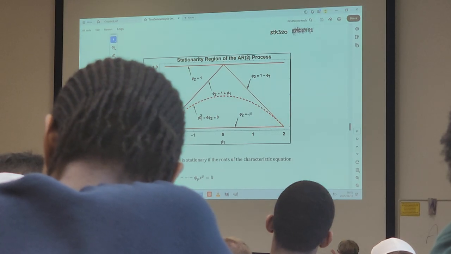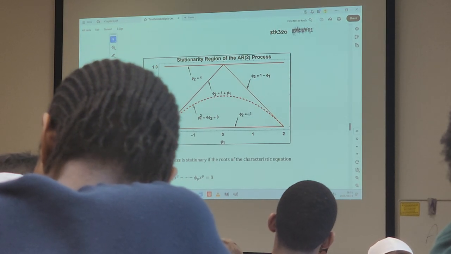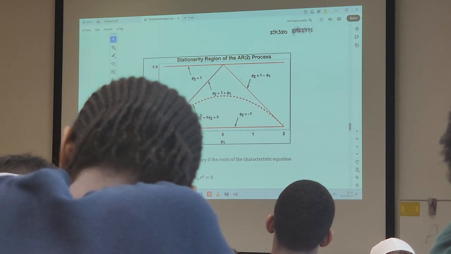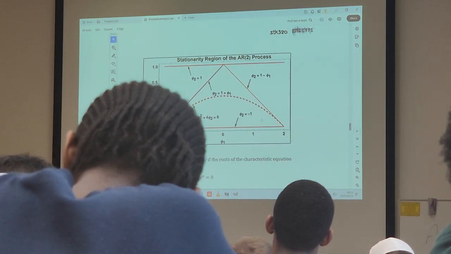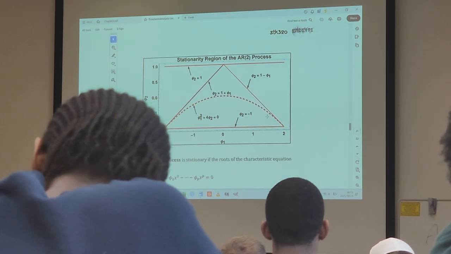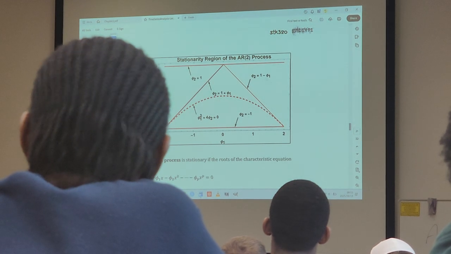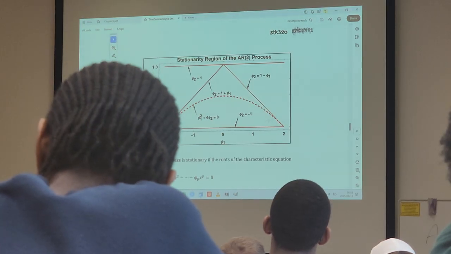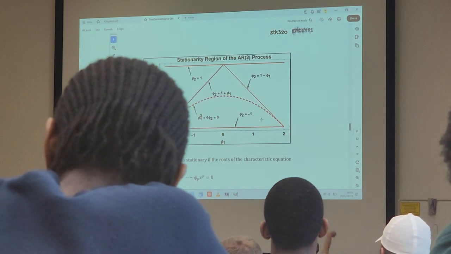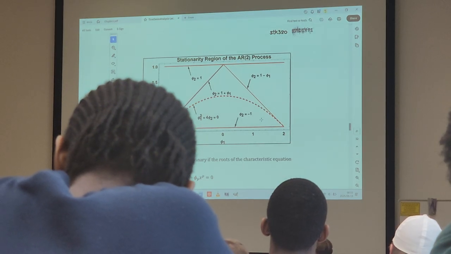So when you have an AR2 process, and your phi1 and your phi2 are taken to be, in this case, for example, phi1 at 1.7, so somewhere there, and then phi2 has to be inside the triangle, so it can't go outside, and I make sure that it is down here, below that dashed curve.